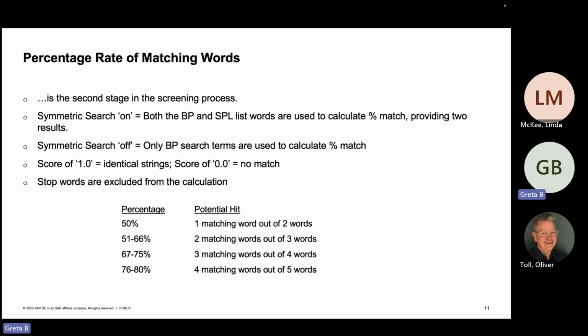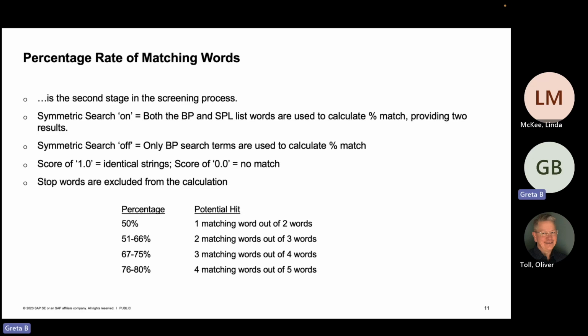Now, if the symmetric search indicator is not selected or it is off, then only the BP search terms are used to calculate the percent match. As stated previously, a score of 1.0 signifies identical strings, and a score of 0.0 means no match.